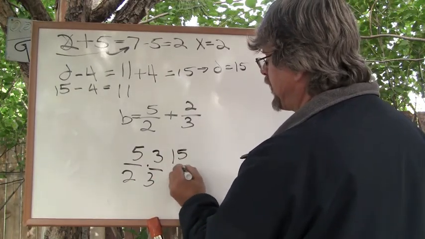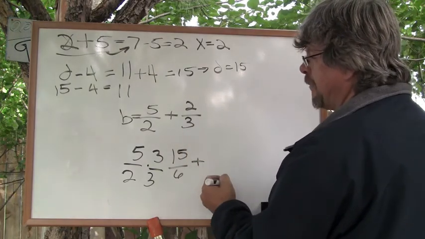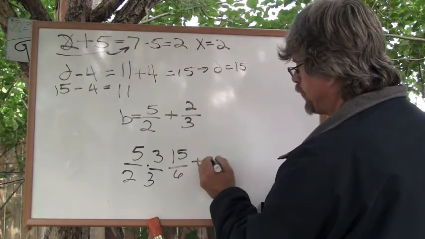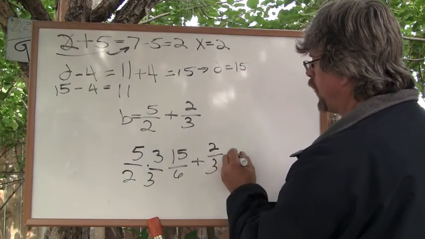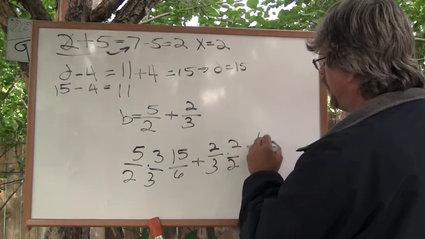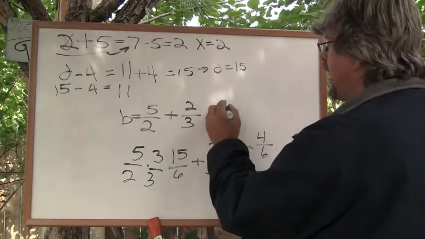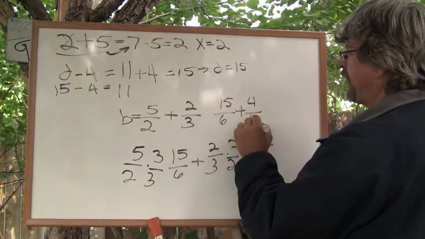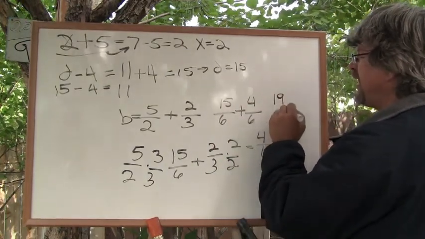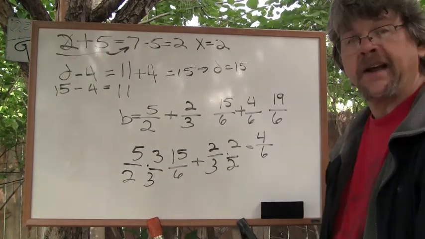So this is going to be 15/6 plus, we get 3 to 6 by multiplying it by 2, 2/3 times 2 over 2, and that equals 4/6, so that we have 15/6 and 4/6. 15/6 and 4/6 is simply 19/6. And that is the answer, 19/6.